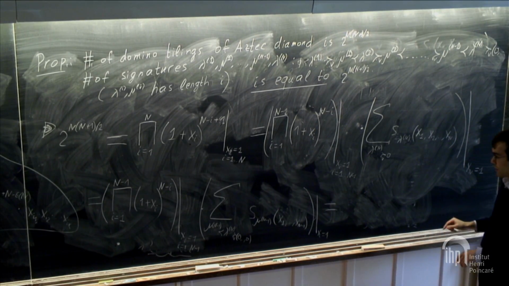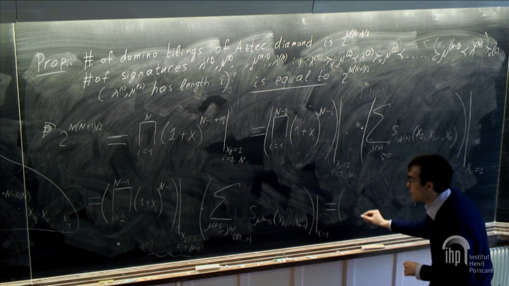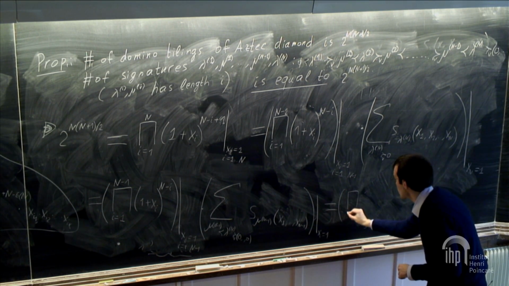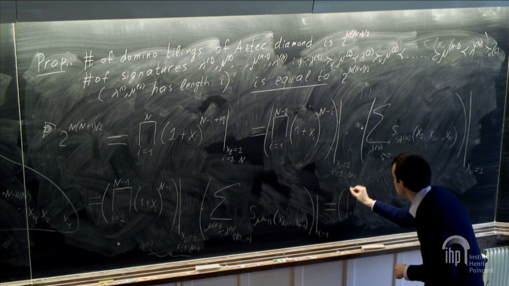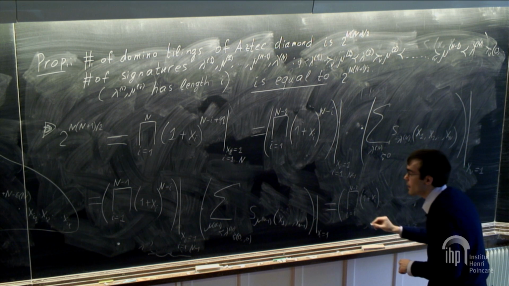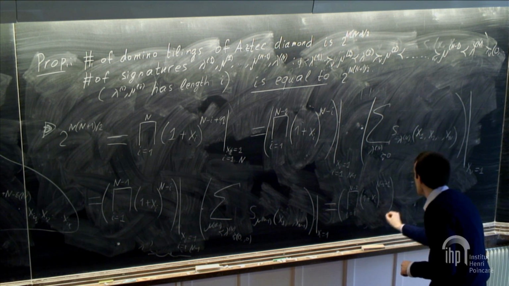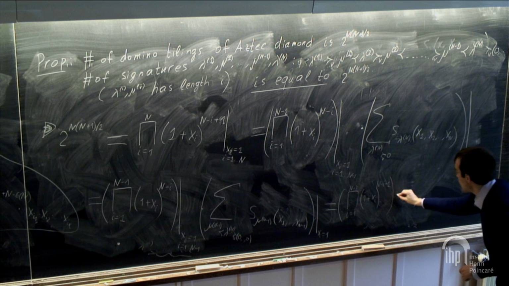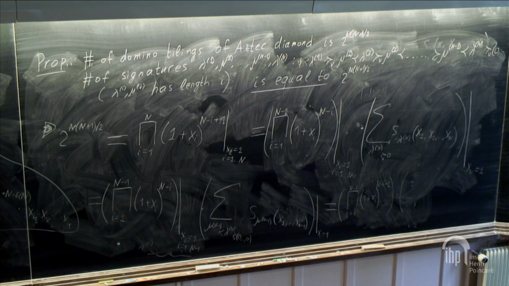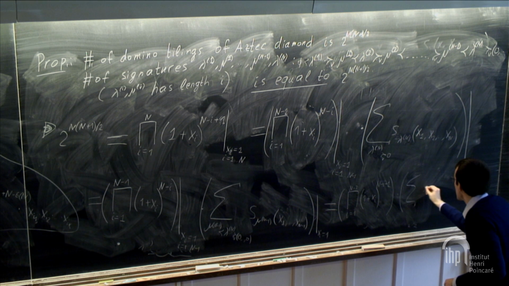Okay, so let me try to write here the next step. The product, so i from 1 to n minus 2. I again take one factor from each, (1 plus xi) to the power n minus i minus 1, times, I use this thing, so this is the sum over ek.